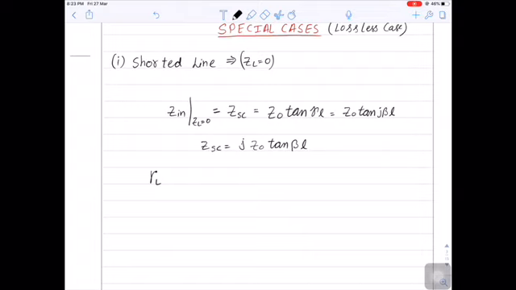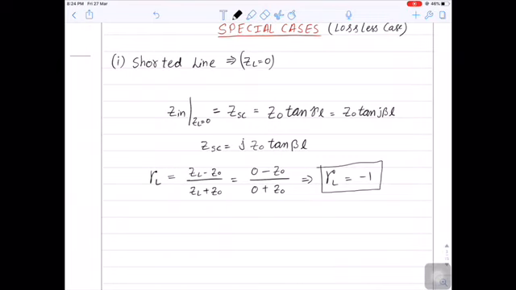We know the formula of reflection coefficient, that is gamma L is equal to ZL minus ZO by ZL plus ZO. Upon substituting the value of ZL, which is equal to 0 in this case, 0 minus ZO by 0 plus ZO, which implies the reflection coefficient value at load end is equal to -1.